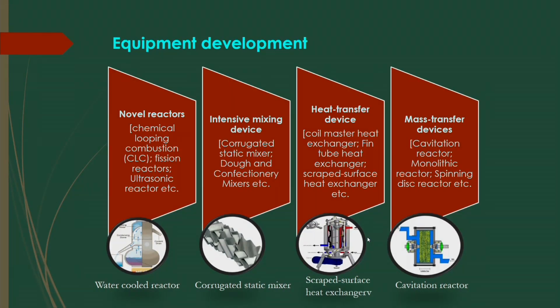Even cavitation reactors, where you will see that some gas bubbles are produced, even by sono, or you can say ultrasonic way, the bubbles will be produced so that their size will be finer, that is called micro bubble. Even nowadays nano bubbles are also being produced for getting more mass transfer, separation of some particles.